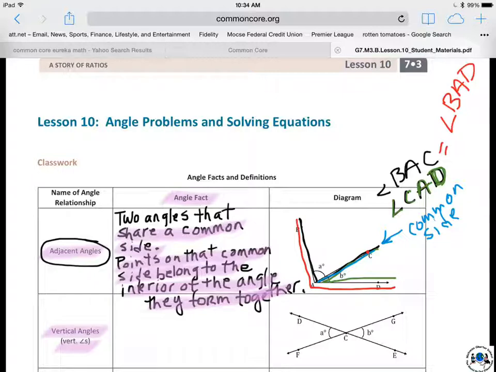Firstly, if you look at angle A and that angle B there, what do you notice about those two? A very important aspect of vertical angles, which did not apply to adjacent angles, is that they are equal.